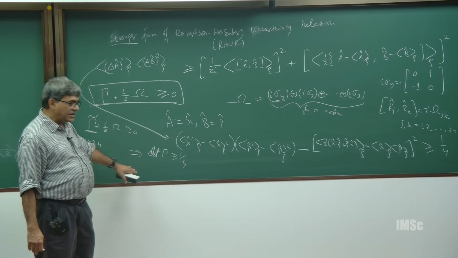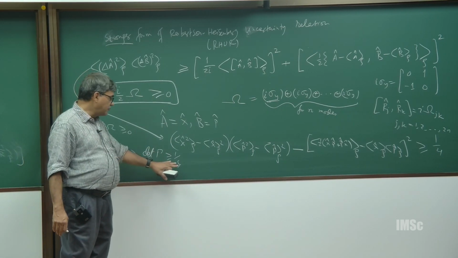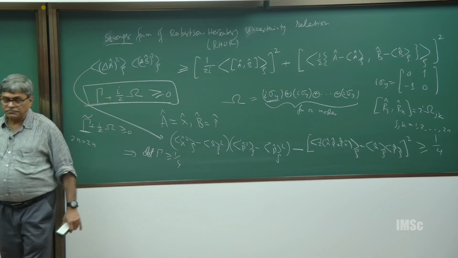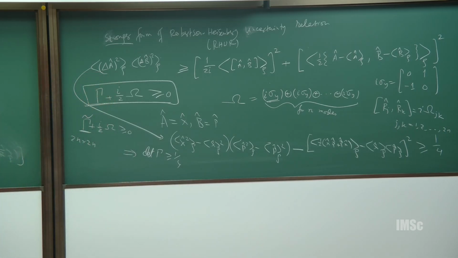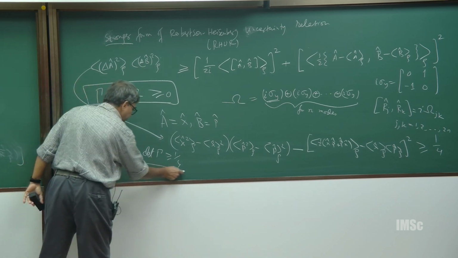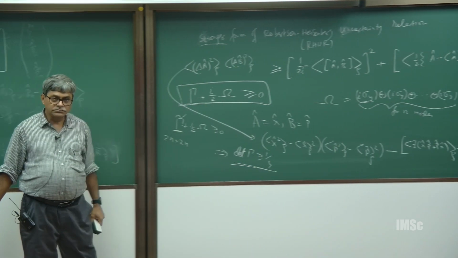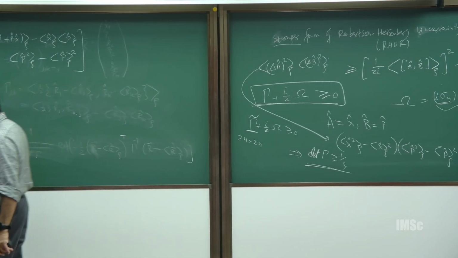But this tells you that it is not just positive, it is greater than or equal to 1 by 4. Is this fine? So, the stronger version of the uncertainty relation for the single mode case boils down to this one.